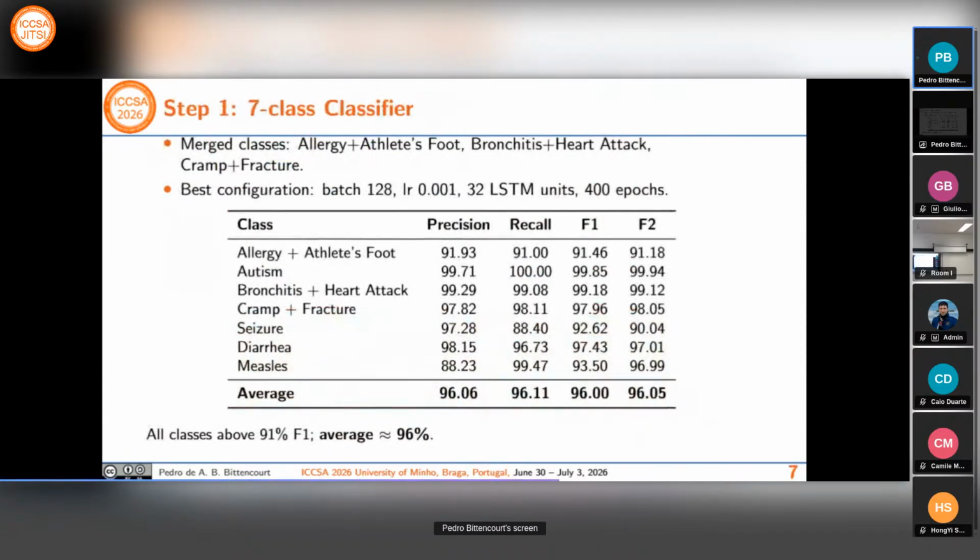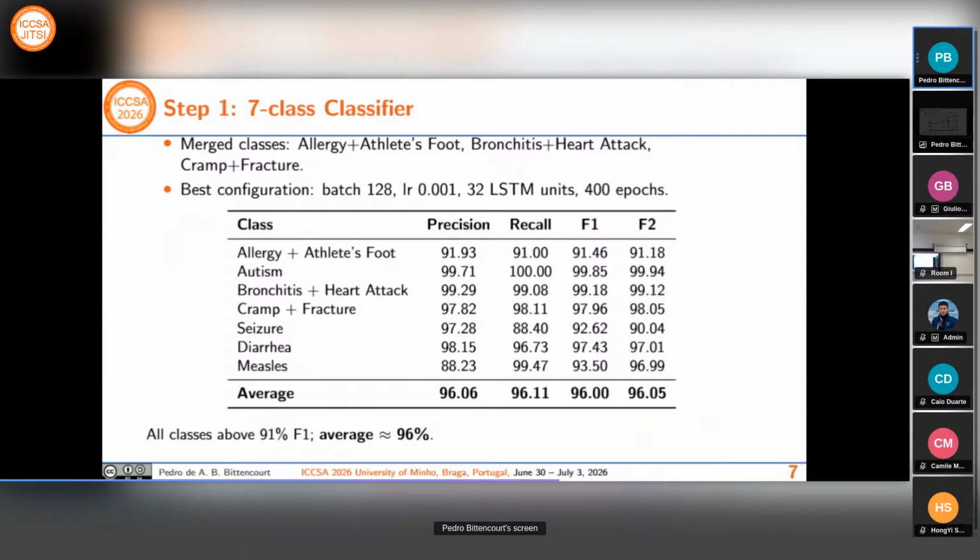The first step is the 7 class classifier, where the confused pairs are merged into single classes. As you can see in the table, the performance is dramatically better. All classes achieved F1 scores above 91%, and the overall average is approximately 96%.